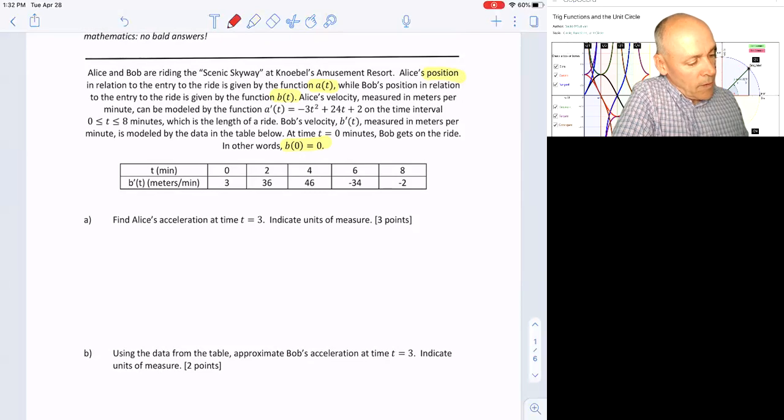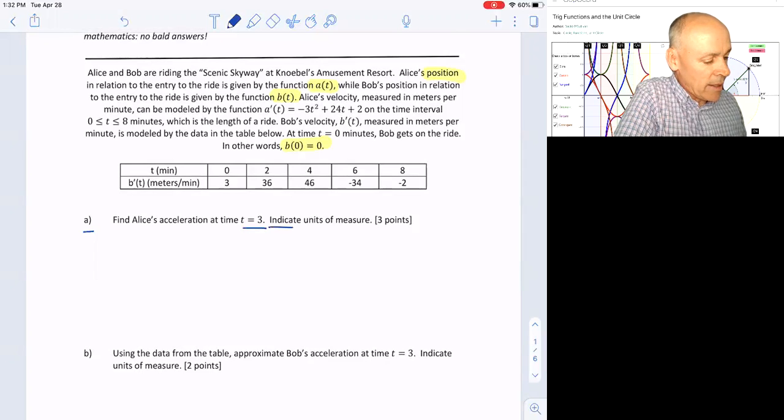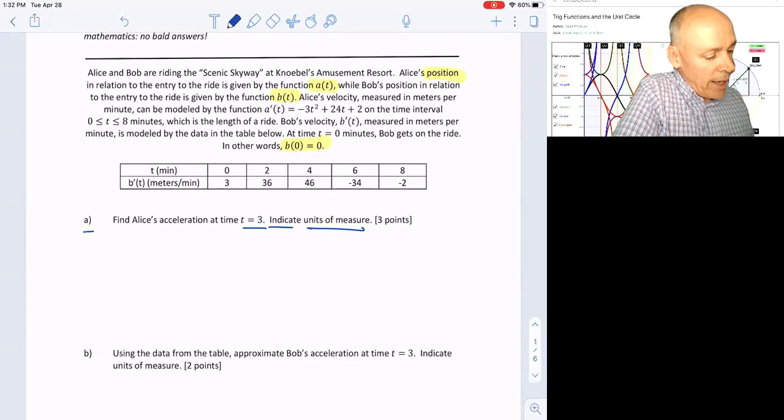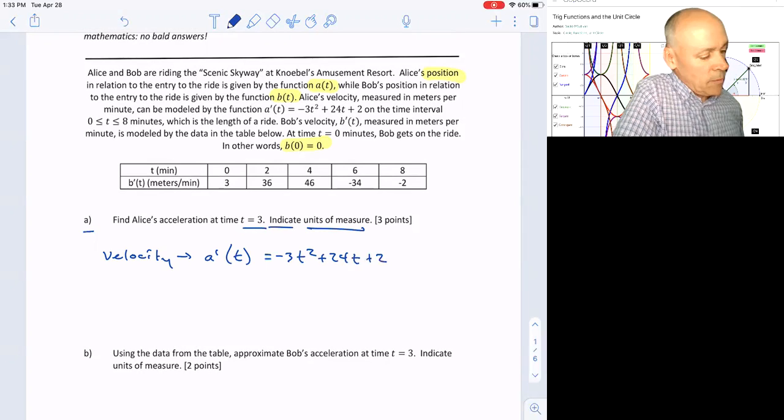So first thing we're asked to do, part A, find Alice's acceleration at t equals 3 and indicate units of measure. Okay, well, Alice's velocity is, so I'm just going to write it so I don't screw this up. Velocity is a prime at t is equal to negative 3t squared plus 24t plus 2.